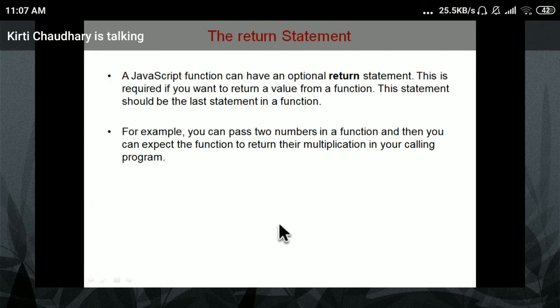Now next one is the return statement. A JavaScript function can have an optional return statement. It is required if you want to return a value from the function. This statement should be the last statement in the function.